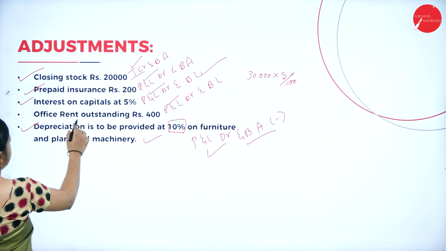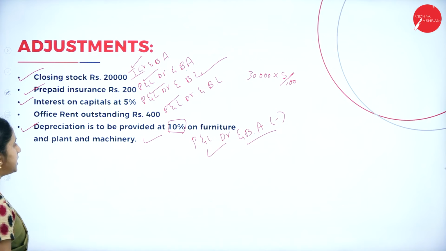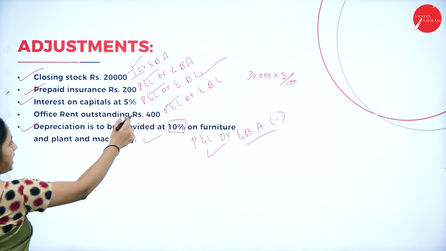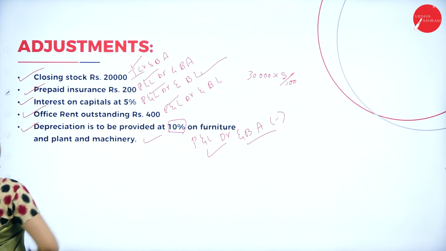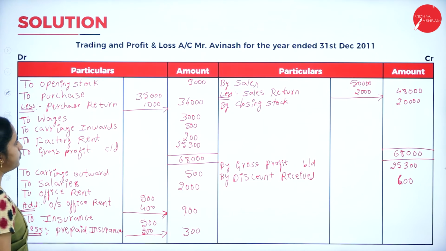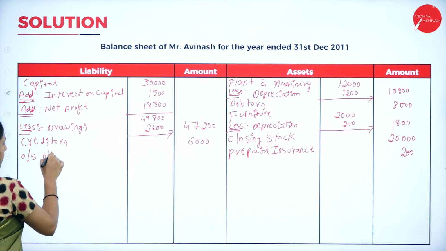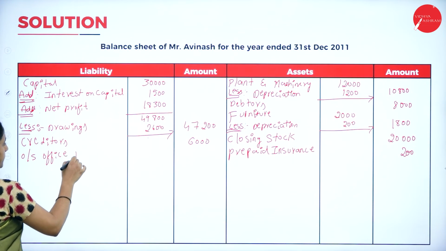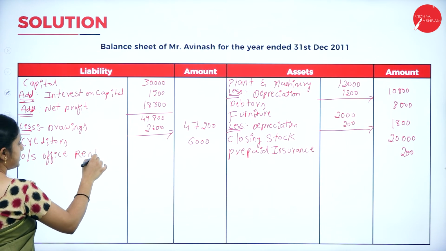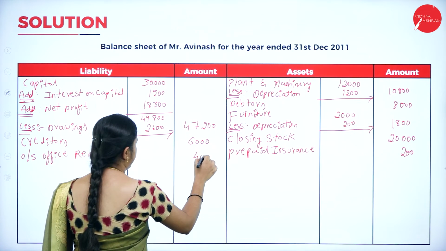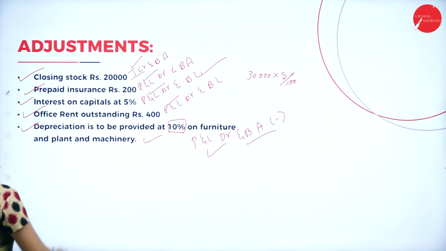Next, outstanding office rent 400, balance sheet liability side. Outstanding office rent 400, right? Then we finished all the adjustment entries.